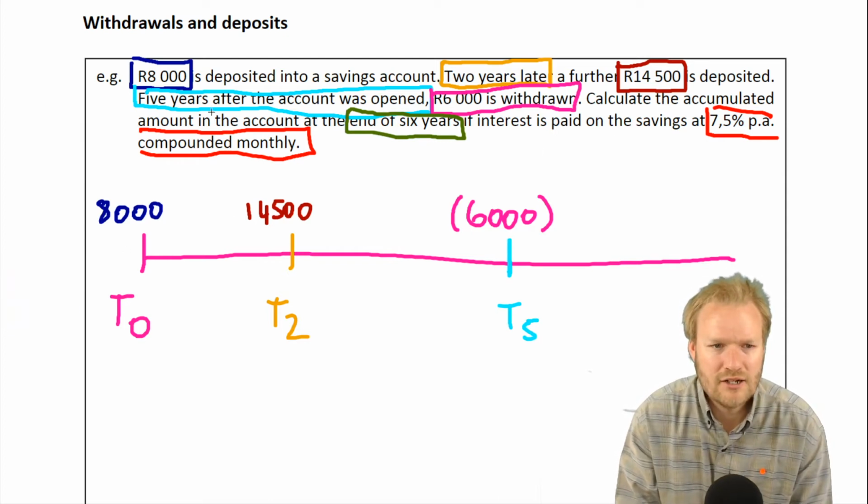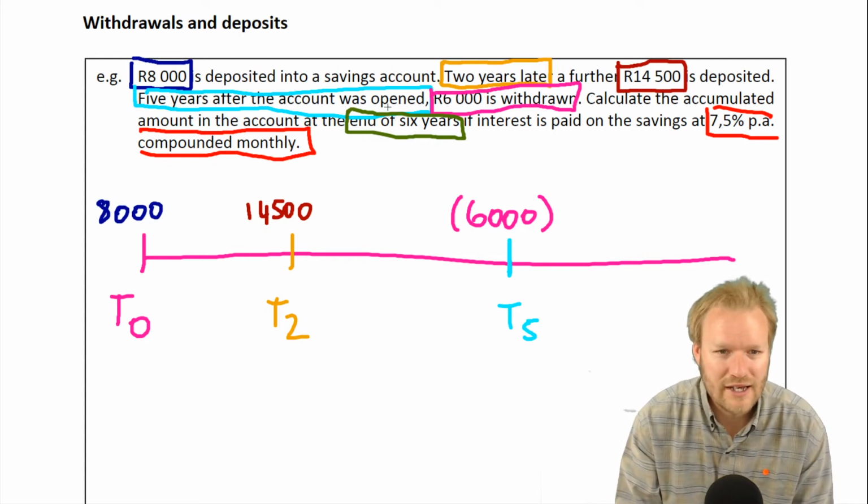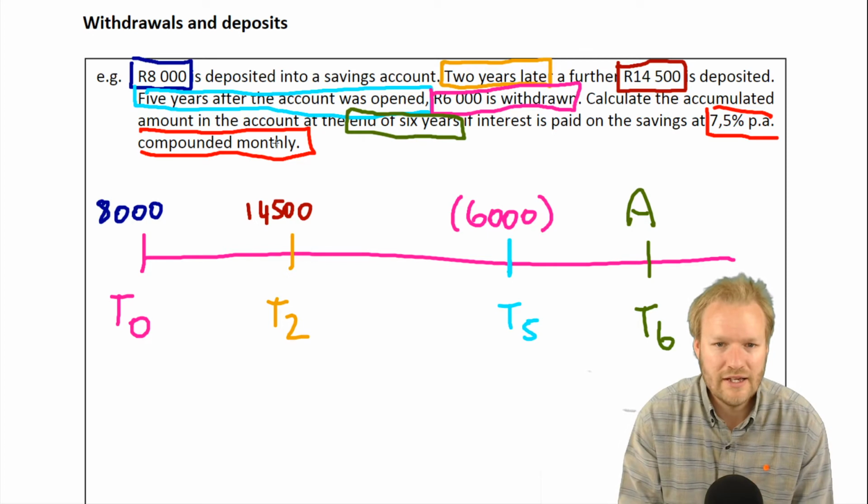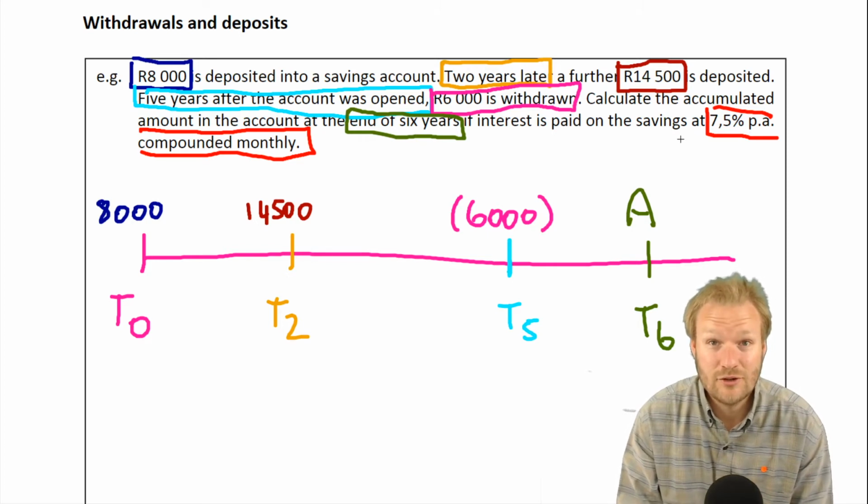Calculate the accumulated amount in the account. Again, we've got the amount in the account at the end of 6 years. So this whole charade finishes after 6 years. So this is our accumulated amount here, right at the end. The interest paid, quite a lot going on, right?